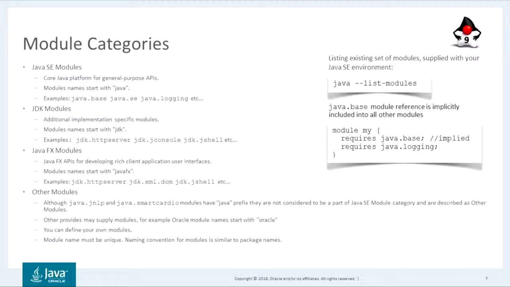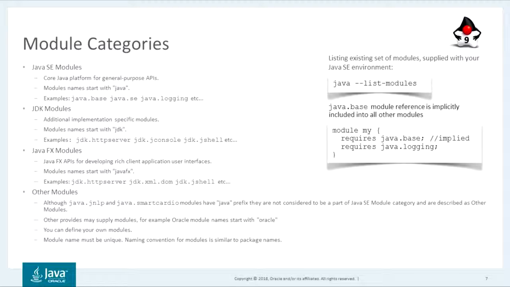It's a naming convention adopted for the modules by the Java development teams. Core modules start with the word java, JDK modules start with the word jdk, etc. With the exception of two modules, java.jnlp and java.smartcardio, which also have the java prefix, all other modules will not have a java prefix. We'll have some other prefixes.